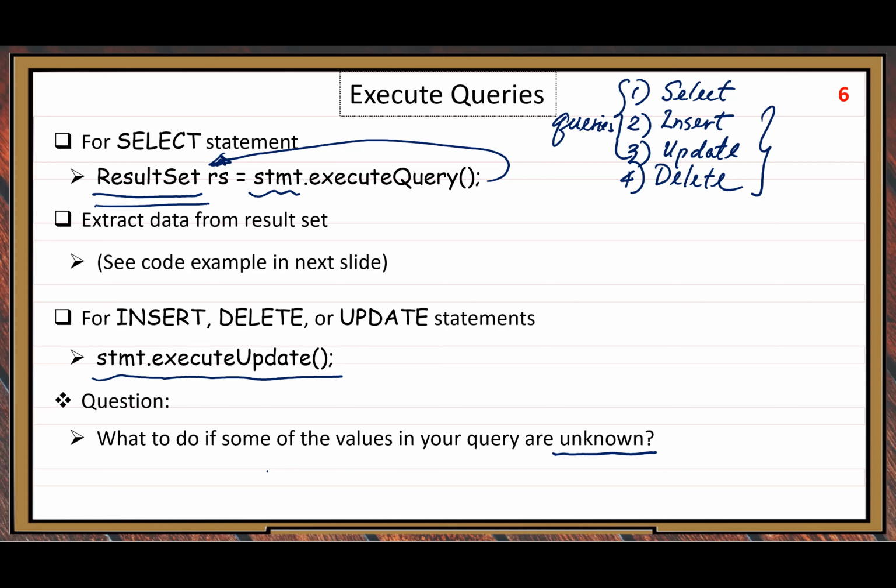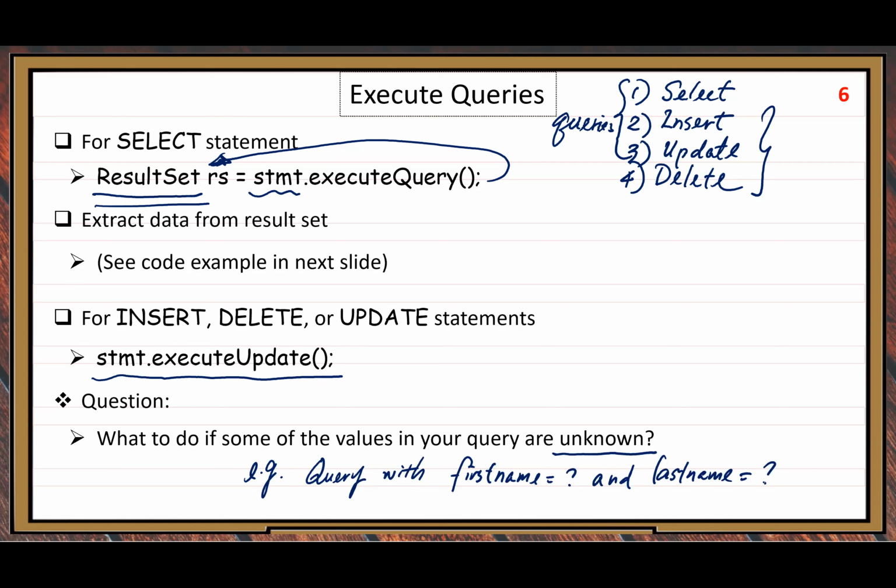When we want to do a query, let me give you an example. When we want to do a query with first name equals something and last name equals something, but we do not know the first name value and the last name value.